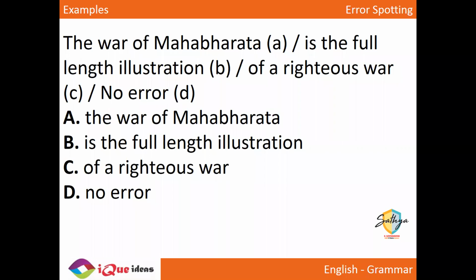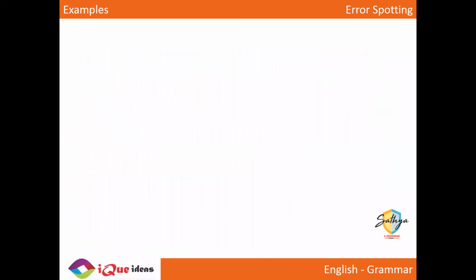So you can't say the full length, you say the war of Mahabharata is a full length illustration of a righteous war. एक धर्म युद्ध का एक संकेत है. It is one illustration. So the war of Mahabharata is a full length illustration of a righteous war. The is not a proper article to use in this context. Did everybody get this one? ठीक है, चलो moving on.